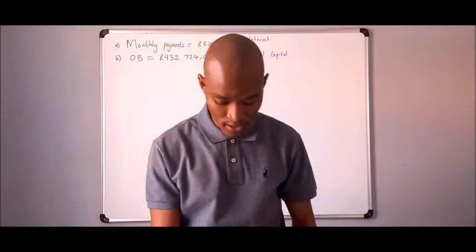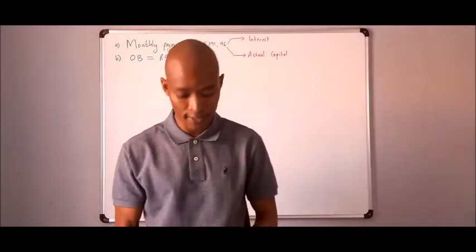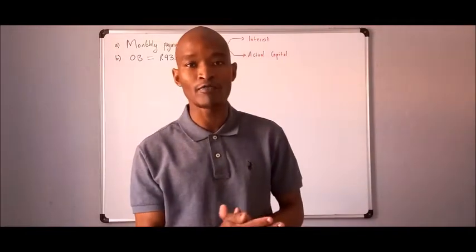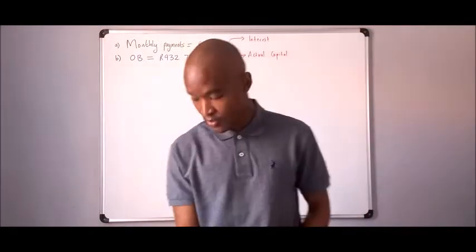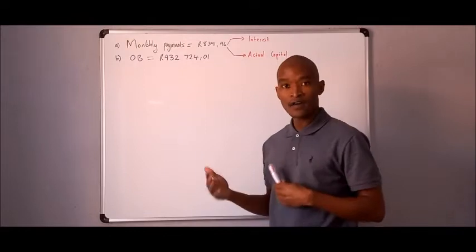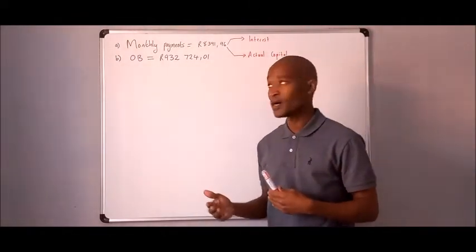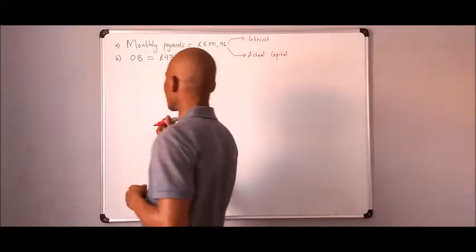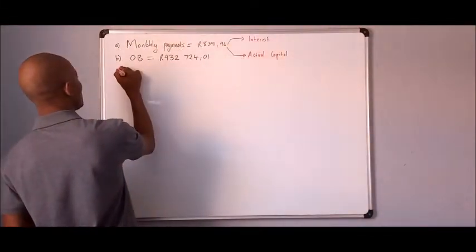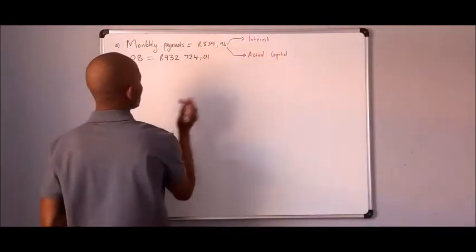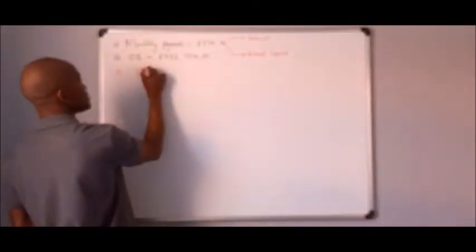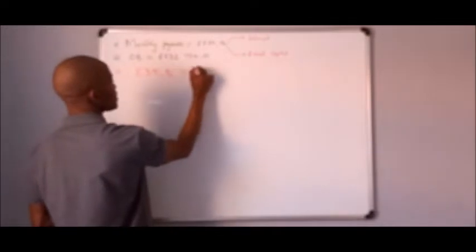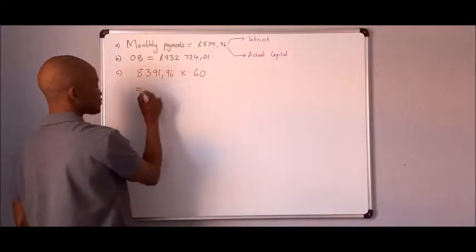So let's look at question C on page 283. How much money has been paid at the end of 5 years? That is straightforward. 5 years represents how many months? These are monthly payments, so 60 payments. So now we have to multiply that by 8,391 and 96 times 60.